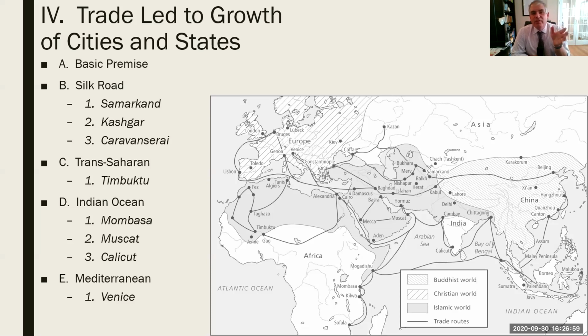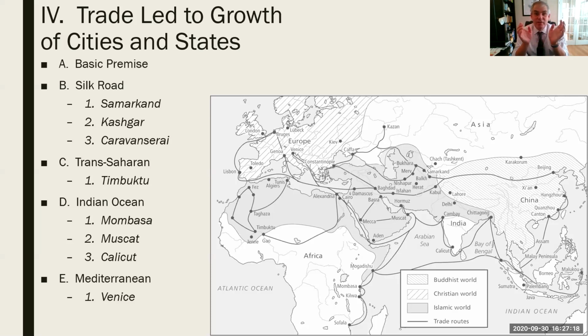So when we look along the Silk Road, there are going to be three kinds of cities that I want you to pay attention to. Two are cities. So Samarkand is a city that is halfway between China and the Middle East and represents a midpoint. Today, I believe it's in present-day Uzbekistan.